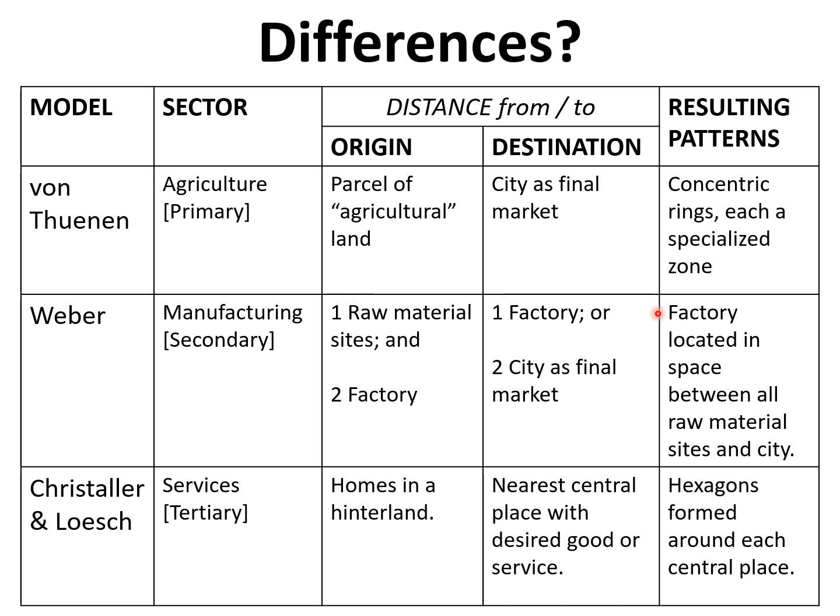With Weber, the factory gets located somewhere between the raw material sites and the city. In that example that we used, I talked about this being a triangular solution. We had two raw material sites and a final market, and between those three sites, we needed to locate our factory.